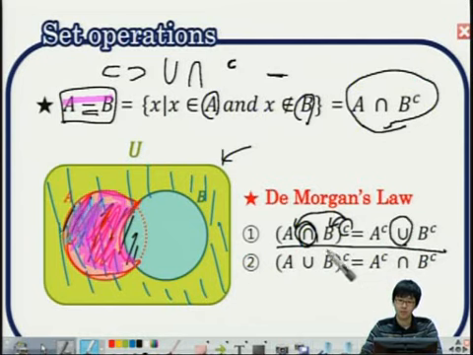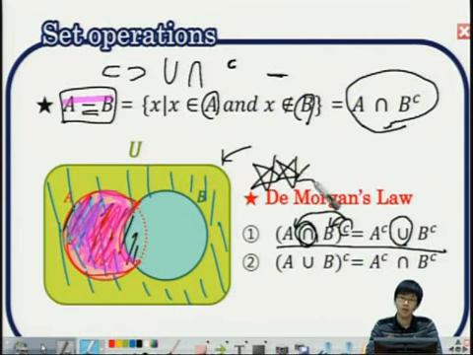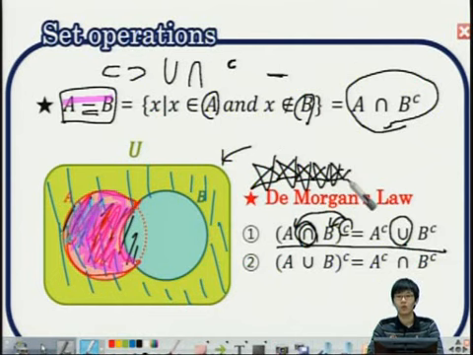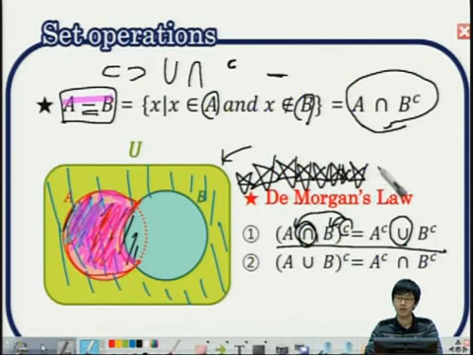This is also the same as this, right? And you have to memorize this because a lot of proving problems of sets contain this law. This law is, I think, the hardest concept in this whole chapter on sets. So this comes out a lot of the time for hard questions.